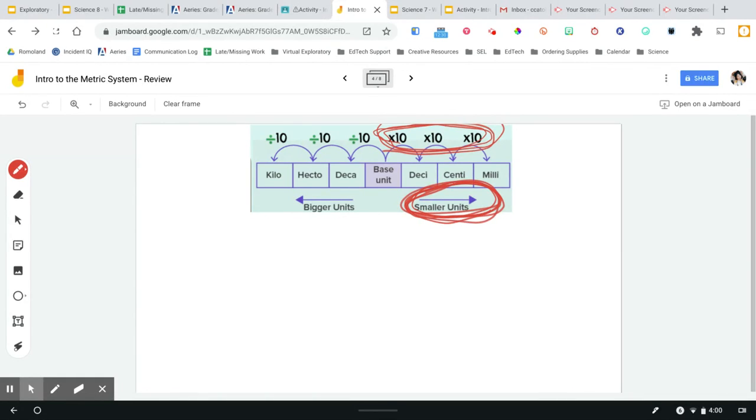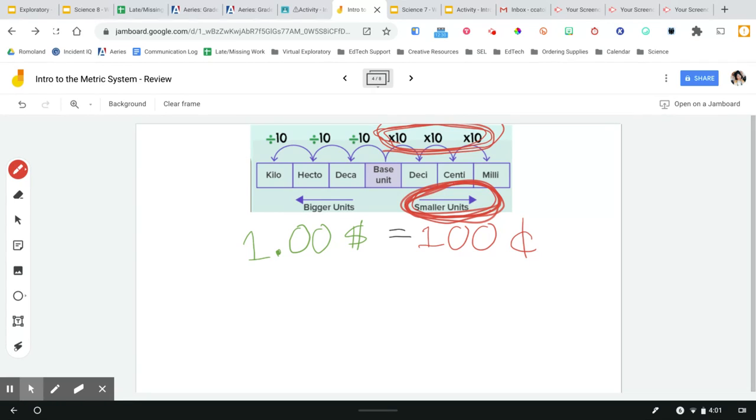If that's so confusing to you, let me try and put this into the context of money. If we have $1, and we want to convert that into cents, hopefully you should know that there are 100 cents in $1.